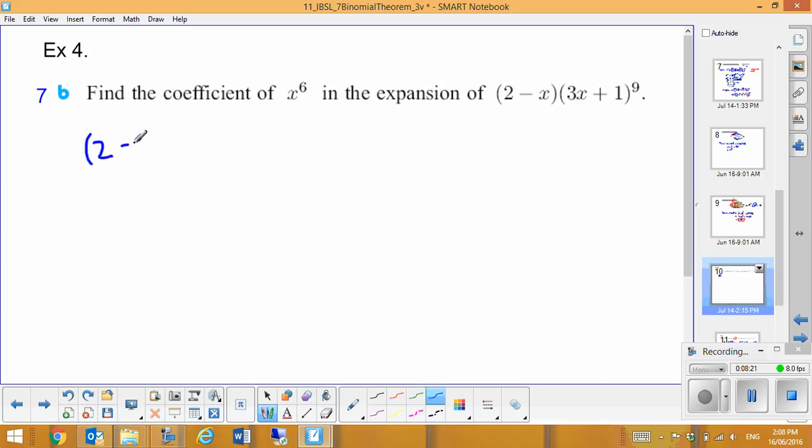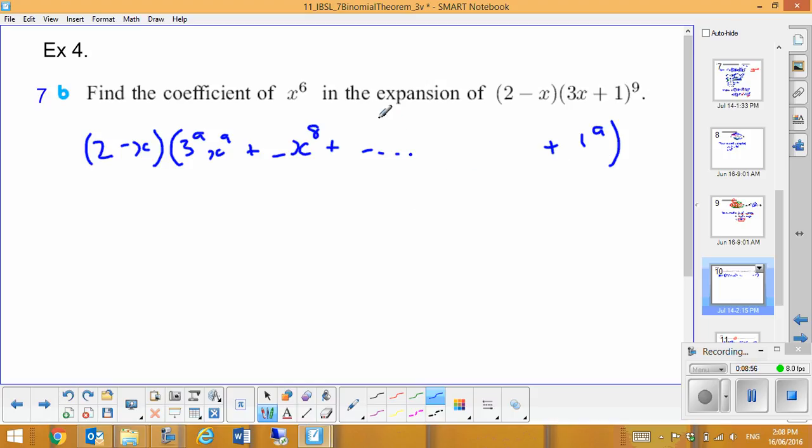If we did, we'd end up with 3 to the 9th, x to the 9th first, then some other term in x to the 8th, because you'd take 8 of these and 1 of those and the coefficient, and it keeps going all the way down until eventually you've got none of these and 9 ones, plus 1 to the 9th. That would take quite a while to do.